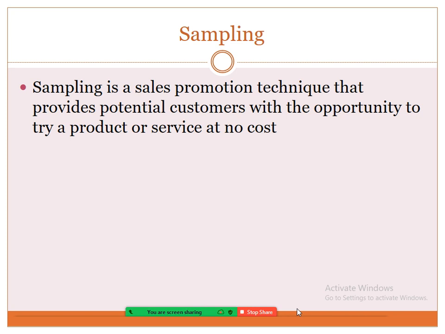A typical sample is an individual portion of a consumer packaged good, such as breakfast cereal, shampoo, cosmetics, or detergent, distributed through the mail, door to door, or at a retail location. 50 years ago, one soya sauce brand, named Kikkoman, was unknown in the United States.